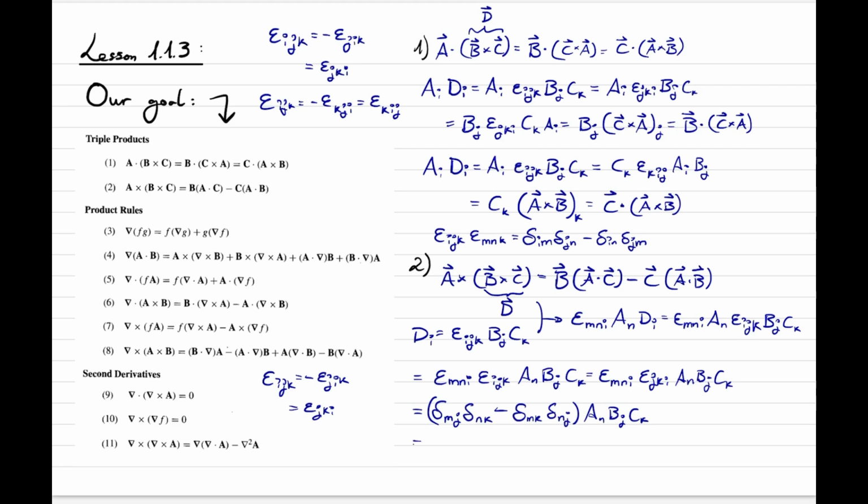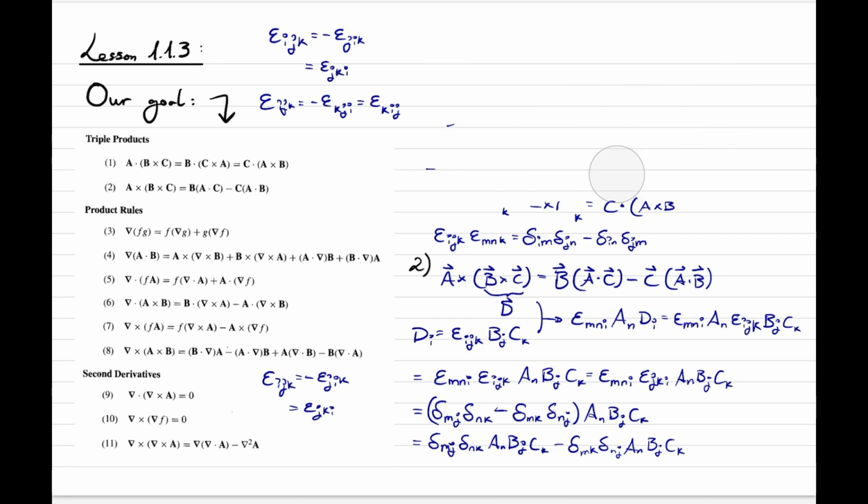Now we are going to distribute all of this. An bj ck, and now we have the other term, an bj ck. So I'm going to make some space. I'm going to erase the first one.